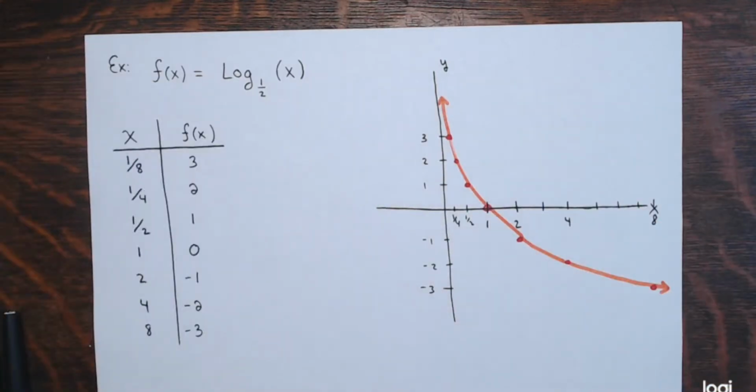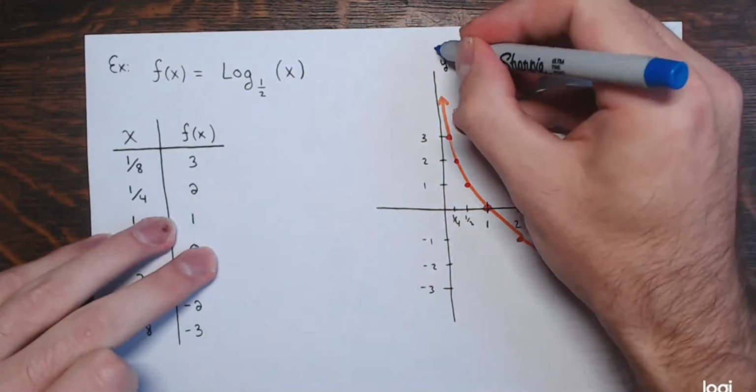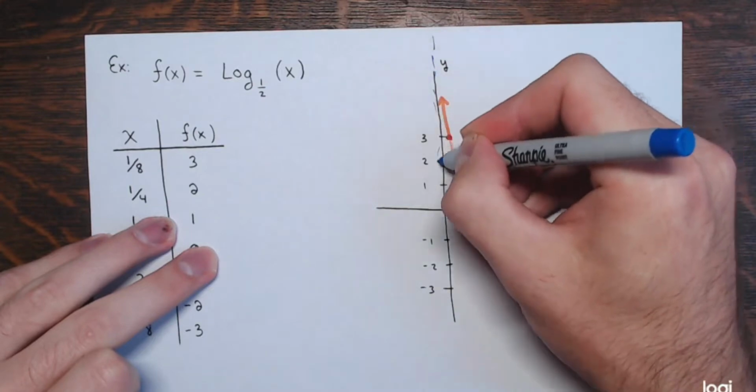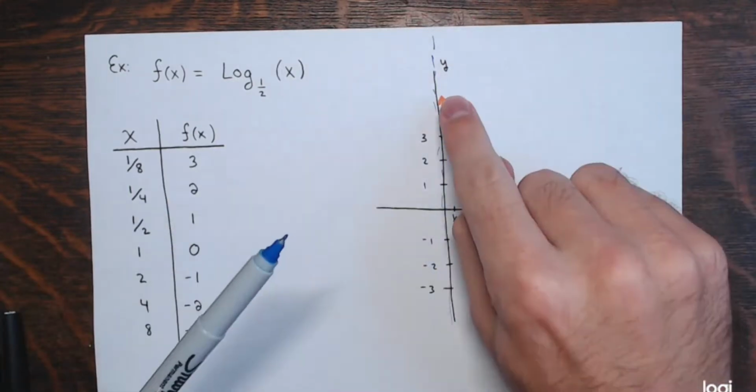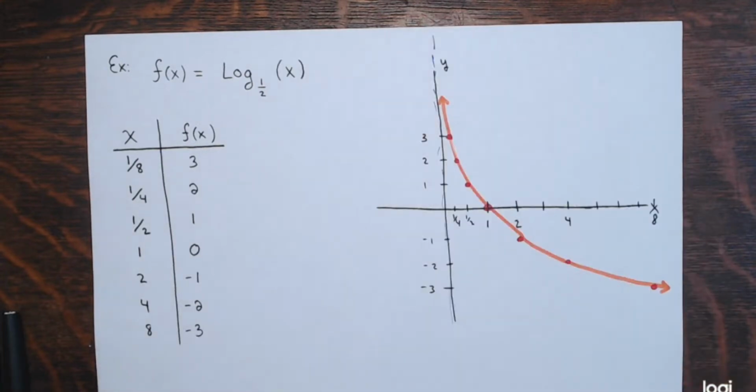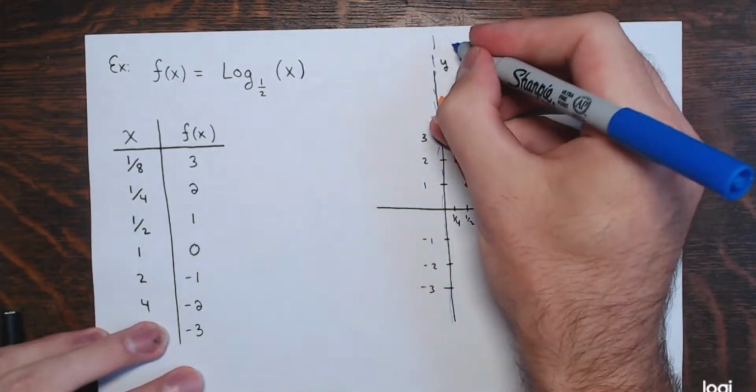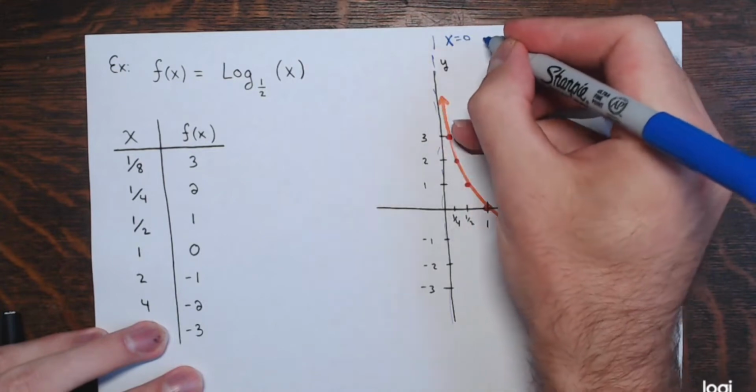So yet again here, the y-axis is a vertical asymptote, right? The graph gets as close to the y-axis as you want, but never actually touches it. All right, so x equals 0 is a vertical asymptote.